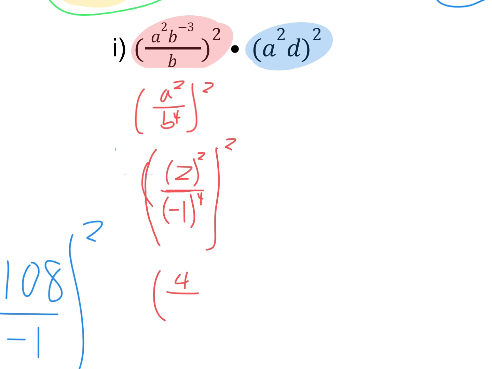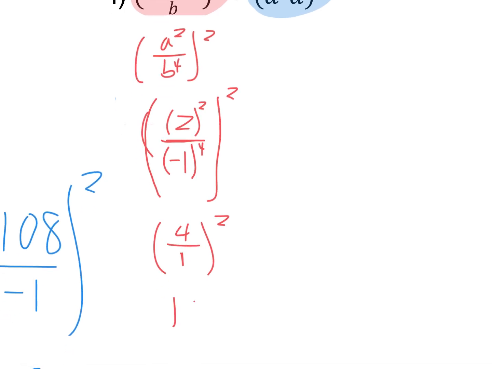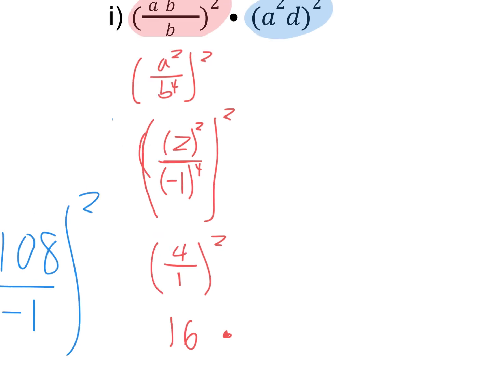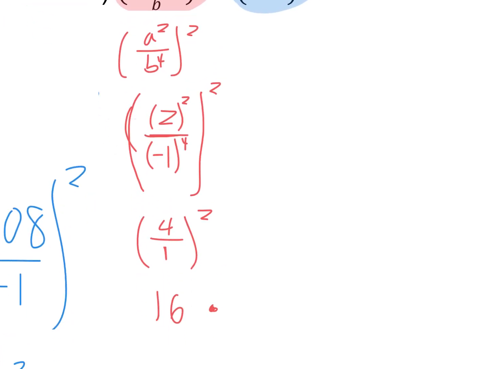Negative 1 to the power of 4 is just negative 1 times itself 4 times. That'll end up being positive 1. So this ends up simplifying to actually 4 squared, because 4 divided by 1 is just 4. So 4 squared is 16. All right, so our entire red piece up there simplified to 16.